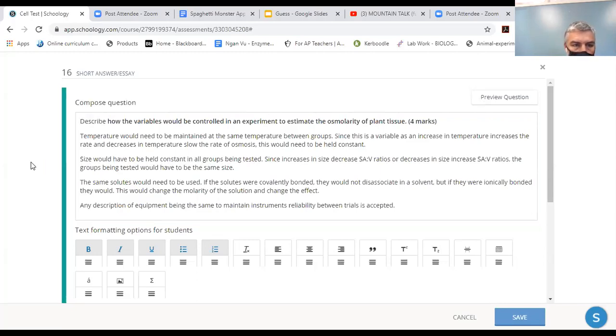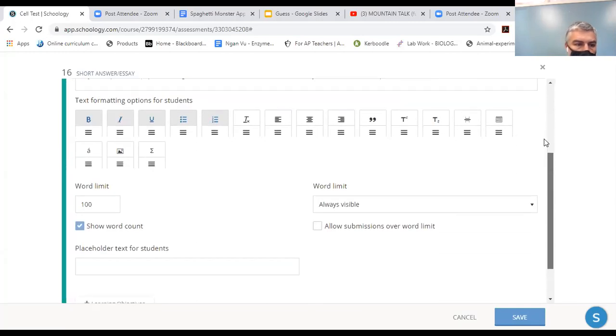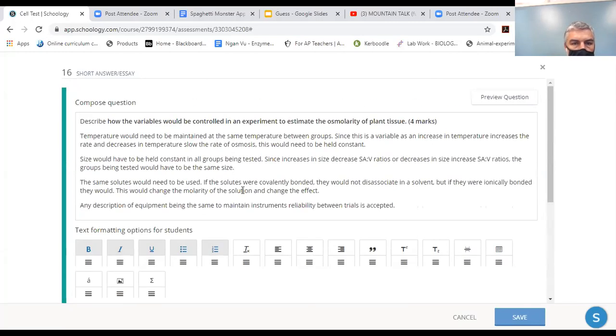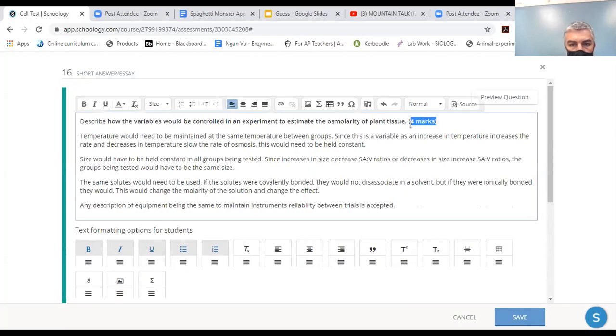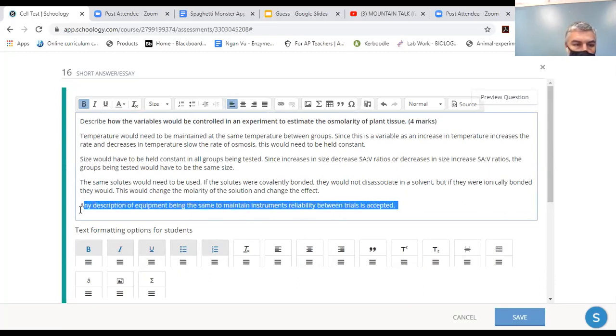Let's see how many words your limit was. You had a 100-word limit, and there were 4 marks. So that's about 25 words per mark, 2 to 3 sentences. They also put here any description of equipment, and that's where I saw a lot of people did get this one. A lot of people wrote about this, and I'm glad that they included this in the answer choices.